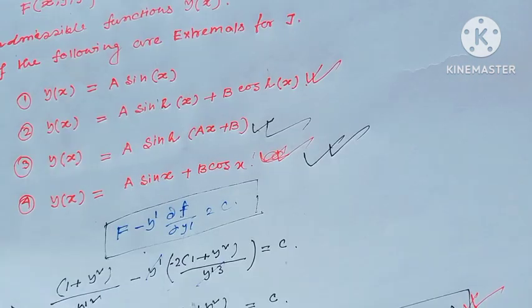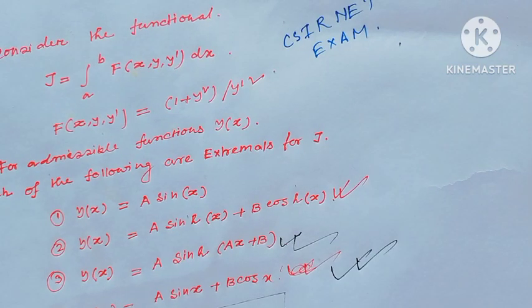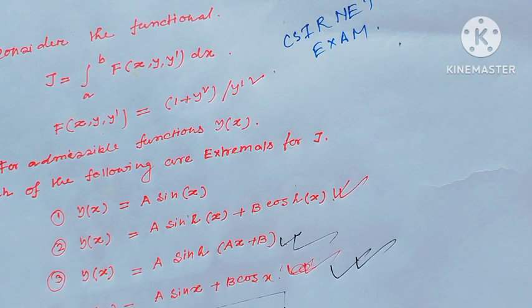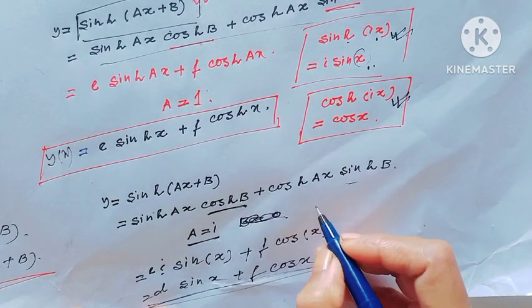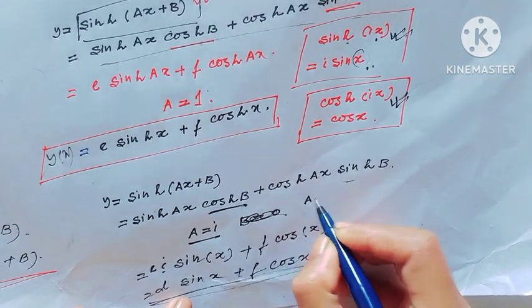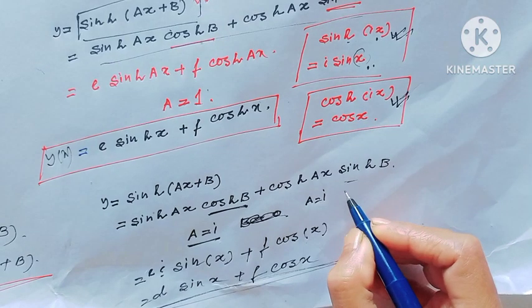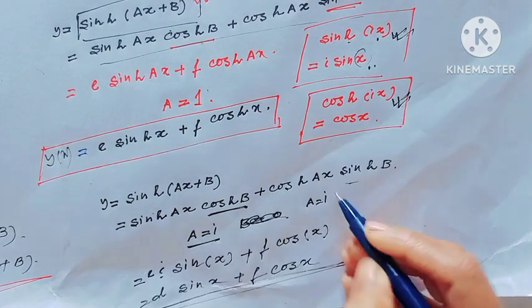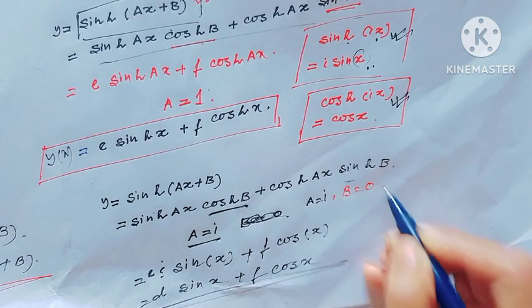And notice option 1 is a similar type, but here it says only a sin x is the extremal of this functional. For this, here also consider a equal to i, similar to before, and extra b equal to 0.